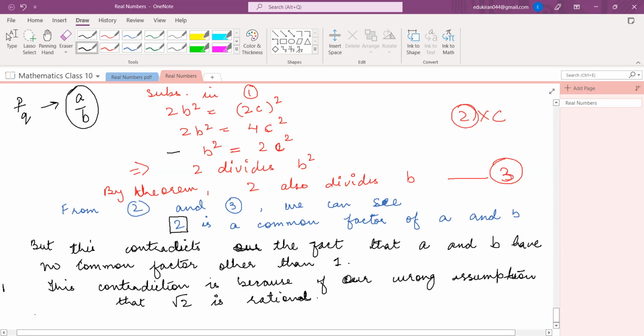So therefore we conclude that root 2 is irrational.